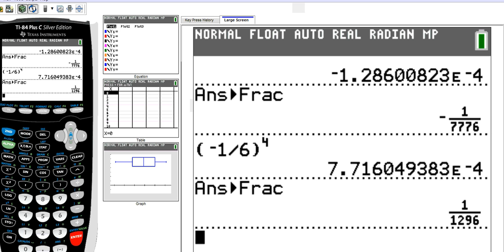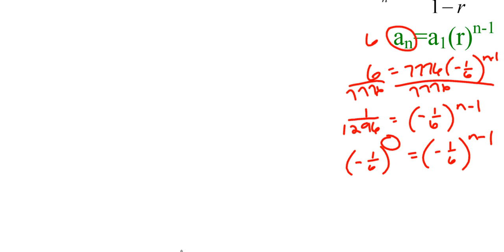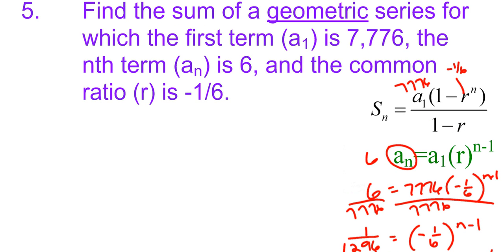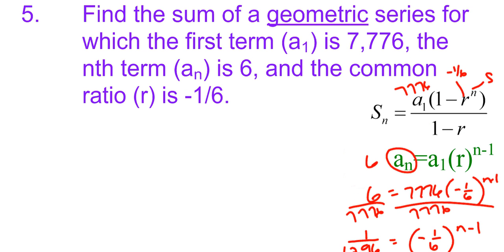There it is, 4th power. So when I come back here, I can say that -1/6 to the 4th power is the same as 1 over 1296. So now that I have a common base, I can set those equal, and I can find that n is 5. So now, when I come back up here, n is 5.